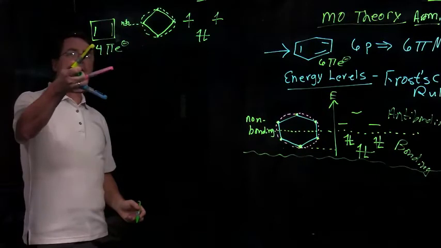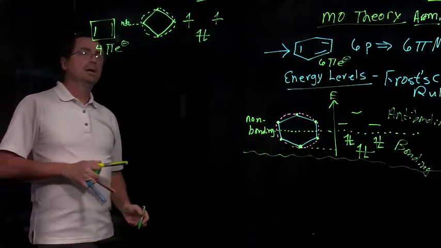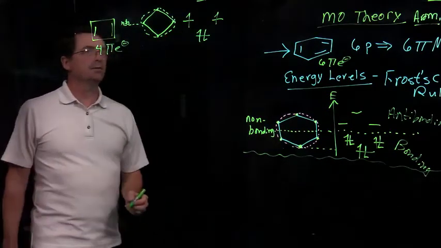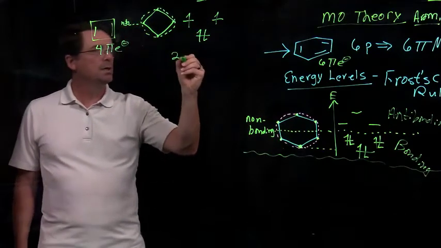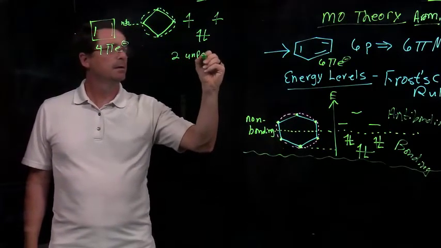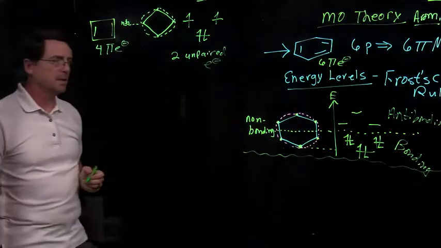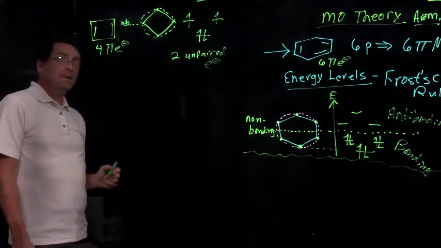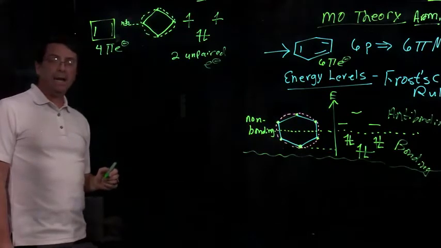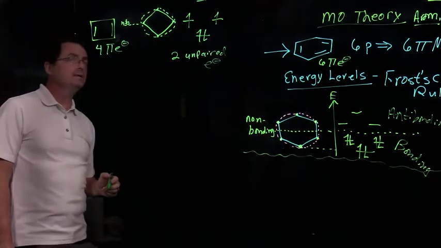So if cyclobutadiene is a square, it will have this electronic configuration where we have 2 unpaired electrons. E minus is just electrons. And of course that means that we have a very reactive and unstable species.